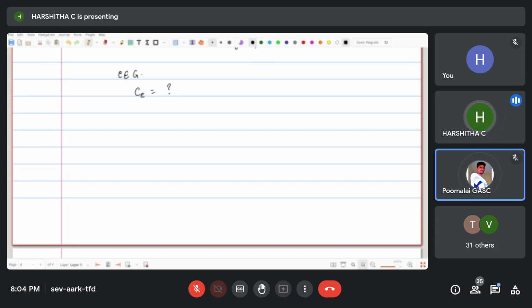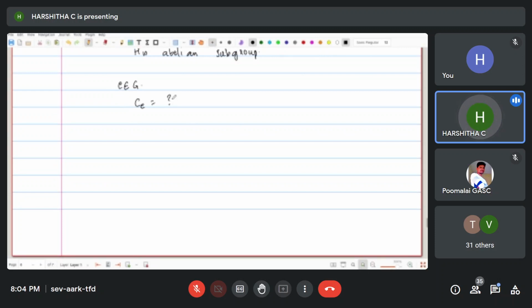G. Exactly. So this will be the whole group, right? So we are looking at all those elements in G such that A star E equal to E star A. But you know that A star E is nothing but A and E star A is nothing but A. Both of these are equal to A. So in fact, this will be the entire group G.